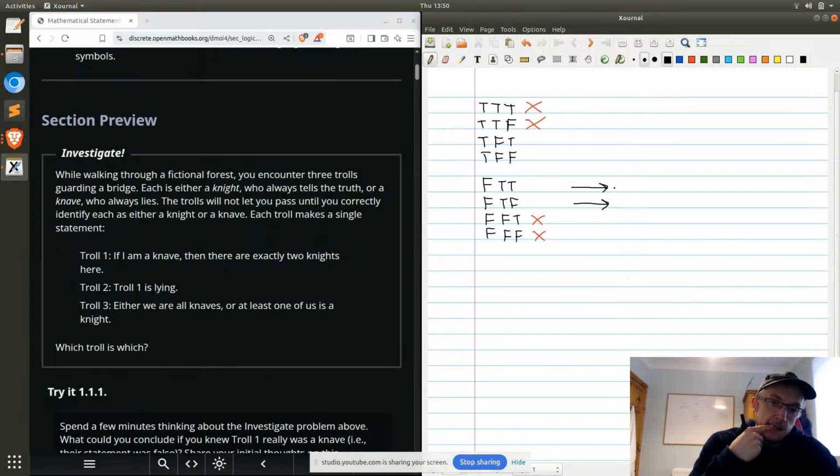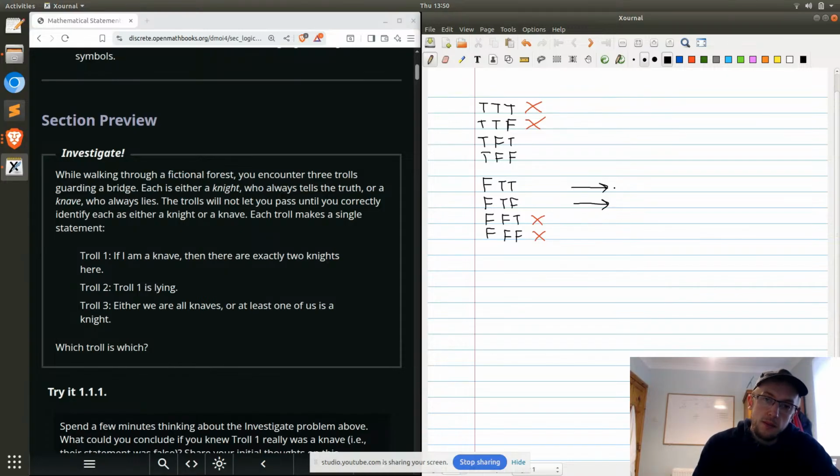We need to think. Troll 2 is telling the truth that troll 1 is a liar, and troll 1 is lying about this statement where he says, if I am a liar, then there are exactly 2 truth tellers here.